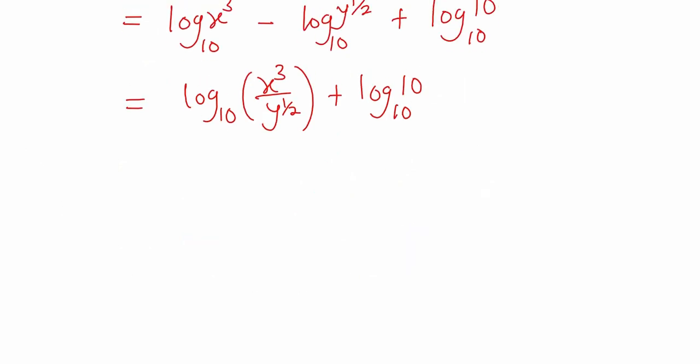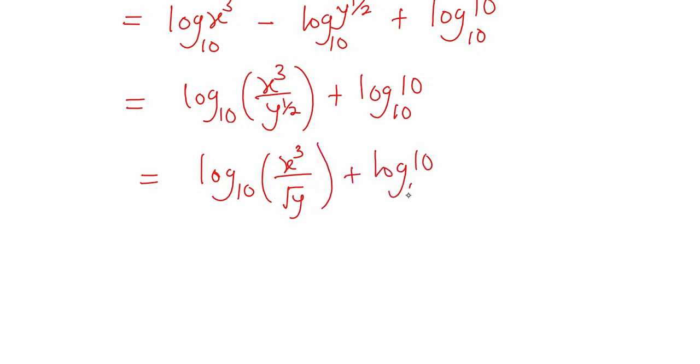Now, we can further simplify the solution, and we have logarithm to the base 10, and at this side we have x cubed, and we know that y exponent half means square root of y, so we have the square root of y plus the logarithm of 10 to the base 10.